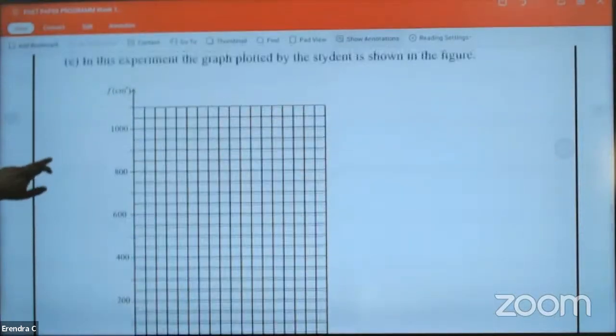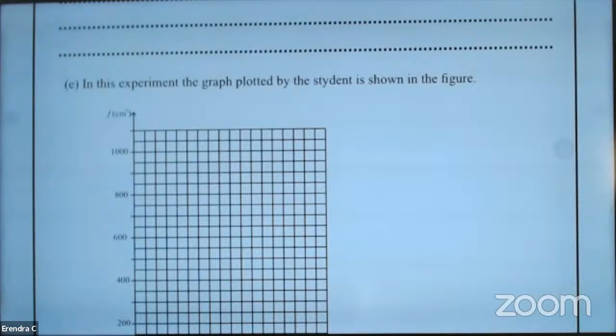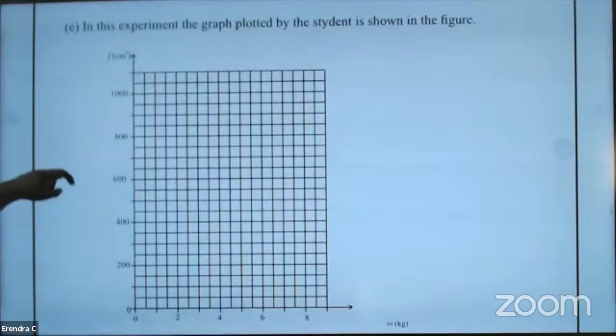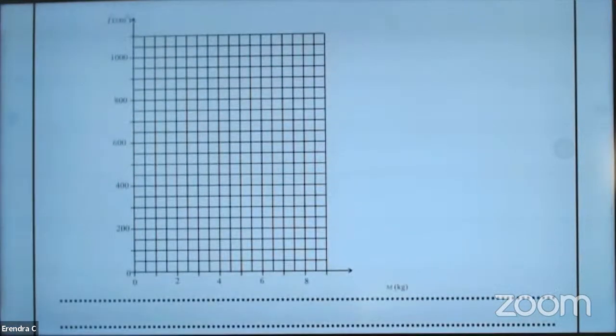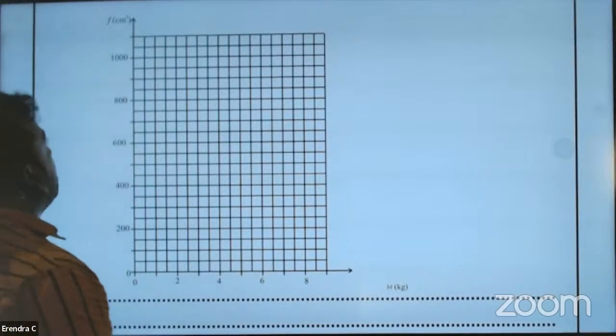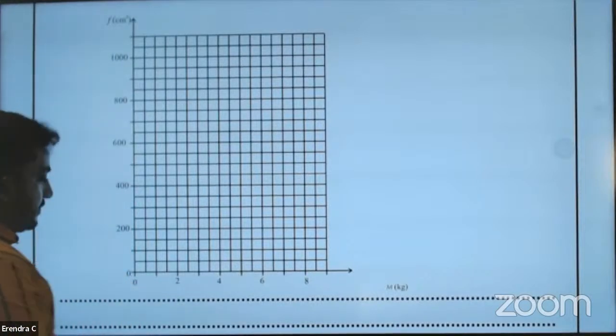In this experiment, the graph plotted by the student is shown in the figure. Unfortunately, the straight line has not come here.